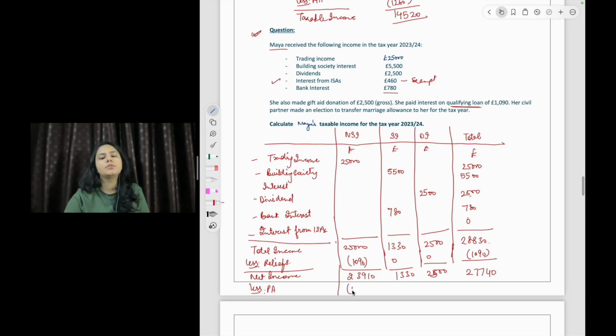Personal allowance will be consumed first by non-saving income, and it is not left for other incomes. After that, less marriage allowance, again first against the non-saving income: 12,570 and 1,260.